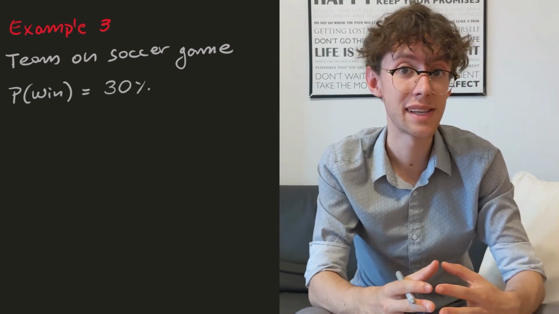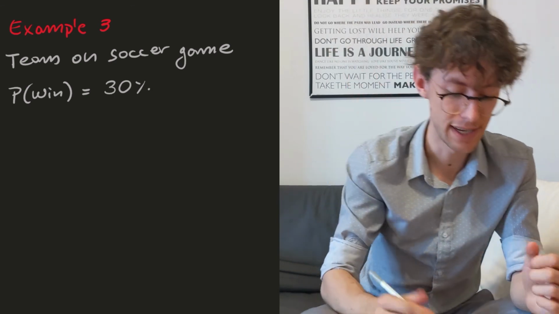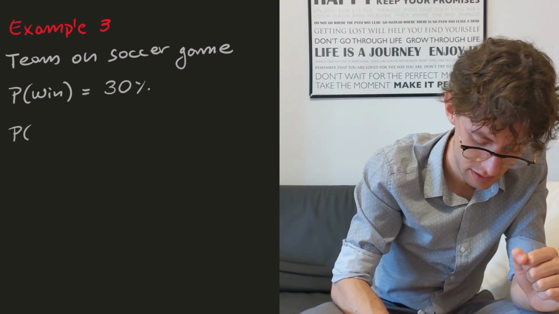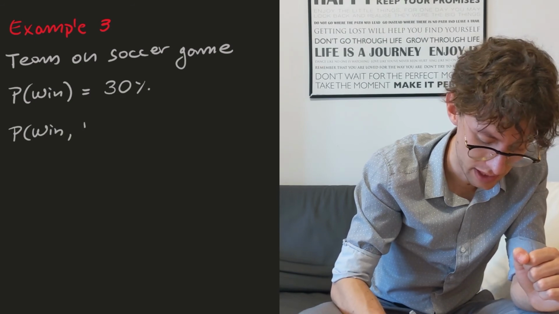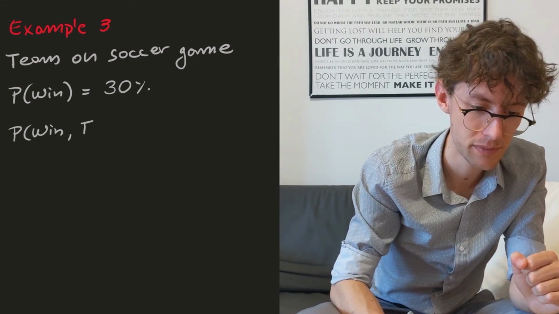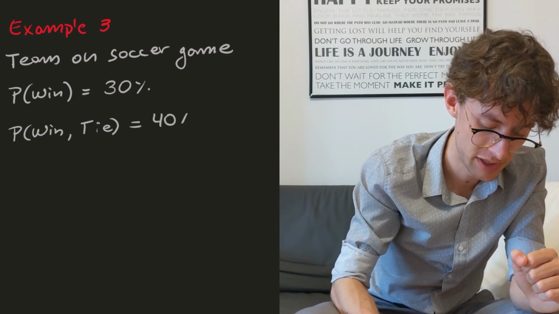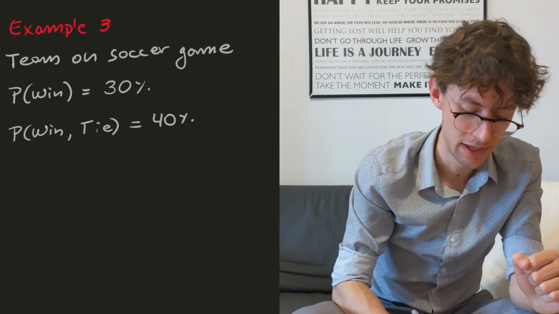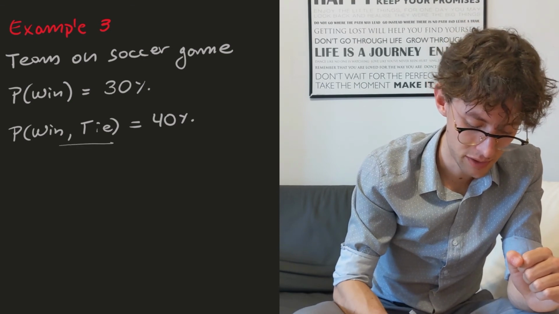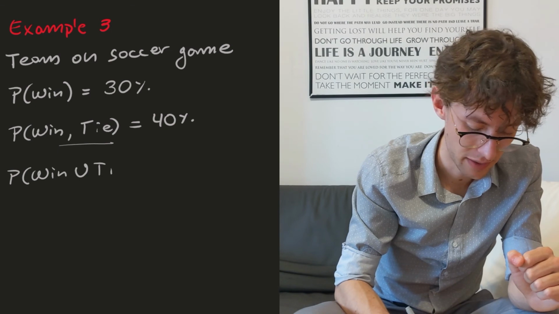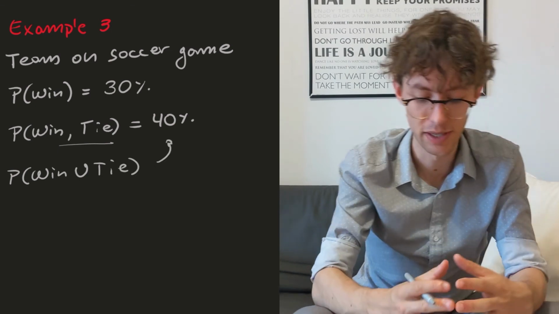Now the probability that they either win or tie, that's equal to 40%, right? Now this I can also write as P of win union tie is equal to 40%.